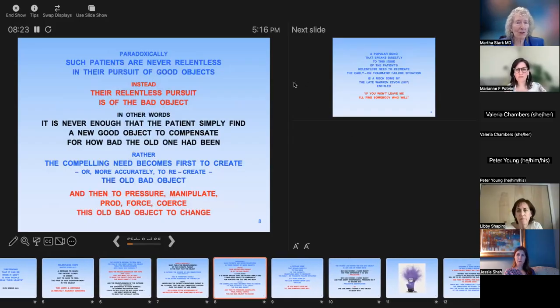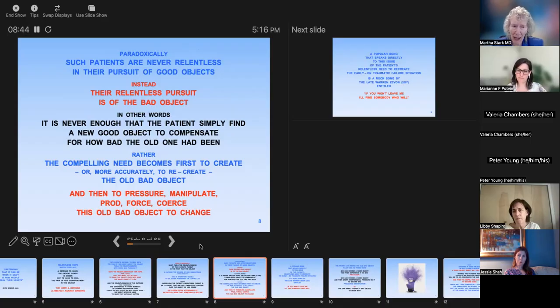Paradoxically, such patients are never relentless in their pursuit of good objects. Instead, their relentless pursuit is of the bad object. In other words, it's never enough that the patient simply find a new good object to compensate for how bad the old one had been. You would think that that's what they would do.